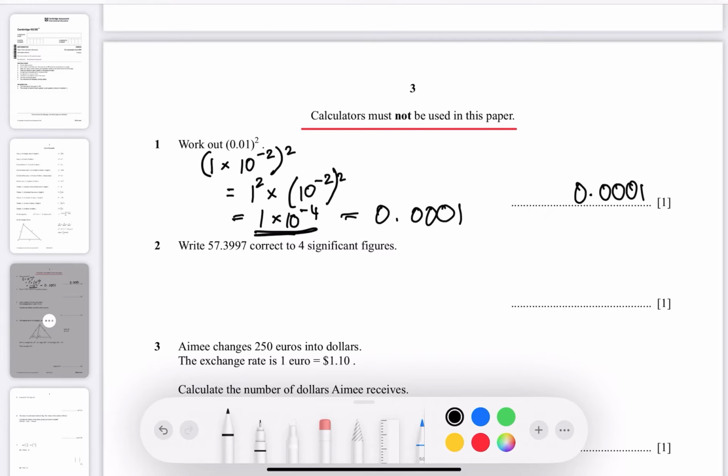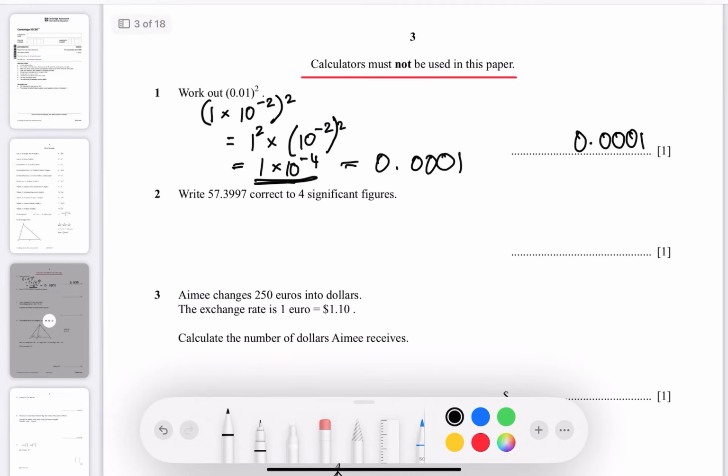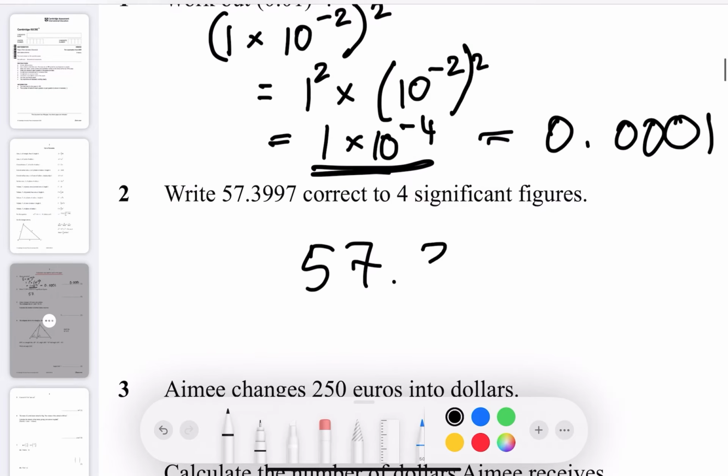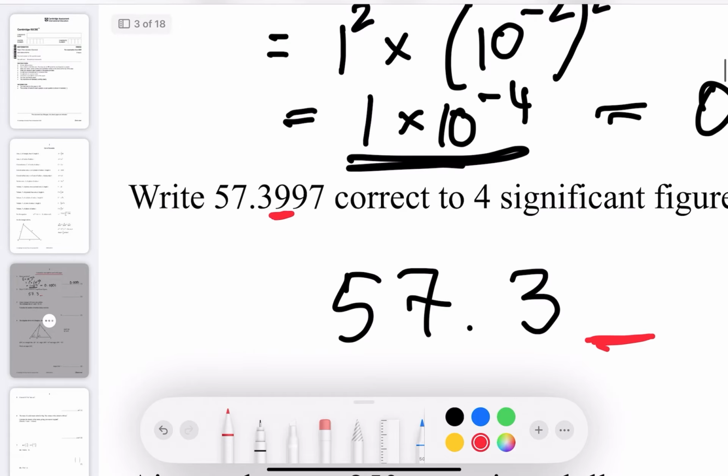A fairly straightforward mark. The next one, write 57.3 something, this number, to 4 significant figures. So what that means is 57.3. And now to fill in this last figure, we look at the value after 3. It's 9, which is greater than 5.